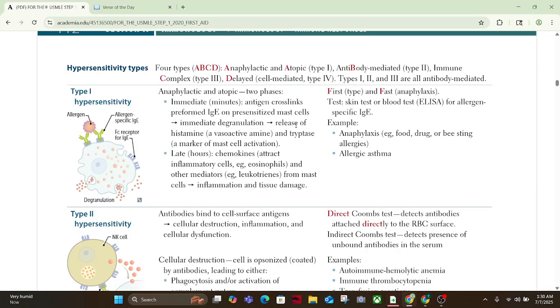Here we said type 1. Usually they do a test, skin test for this, or a blood test for allergen specific IgE. Basically, they're trying to find out if you're allergic to a specific allergen, whether that be eggs, peanuts, or bees, or some type of lotion.